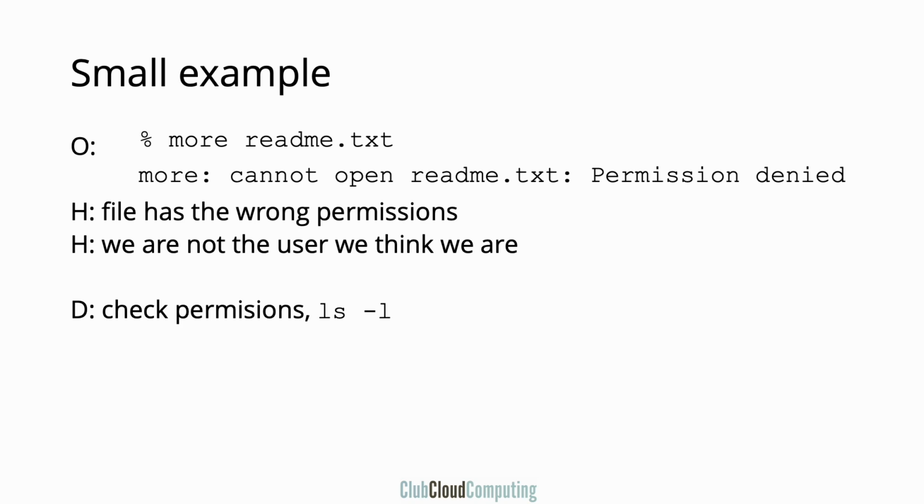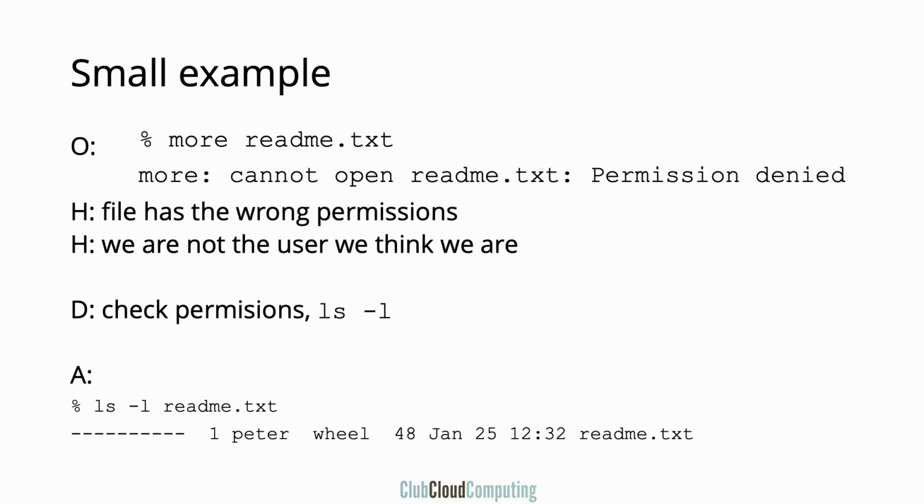That would be ls -l, although there's probably a couple of other ways of doing this. And then as a result, we see that the file has permissions 000, which basically means that you can't do anything with it. And that explains the observation. We know how to fix this, or we can derive ways of fixing this. That's another iteration in the loop.